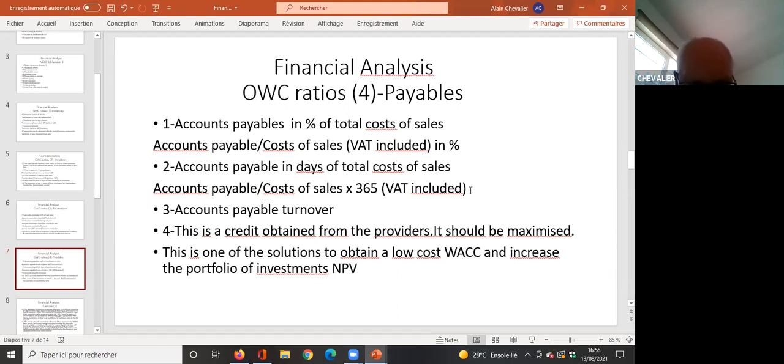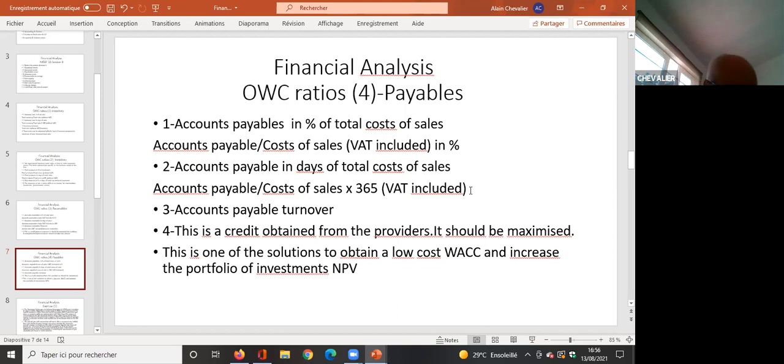And this is the lowest cost financial resource you can obtain. So if you reduce your WACC, you know from the investment decision course what happens with the same cash flows produced by the different projects you are running. This means an increase in the portfolio of investment net present value.